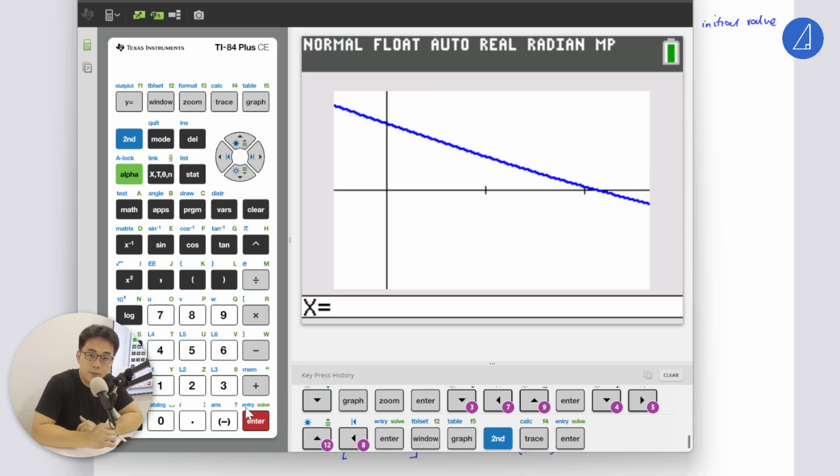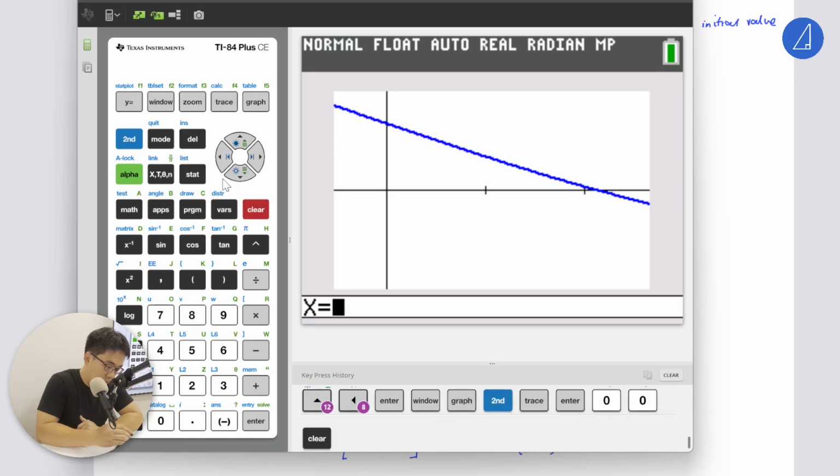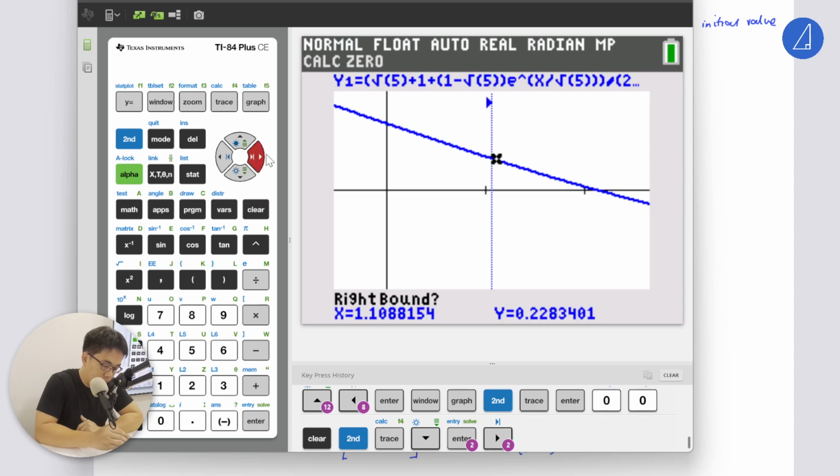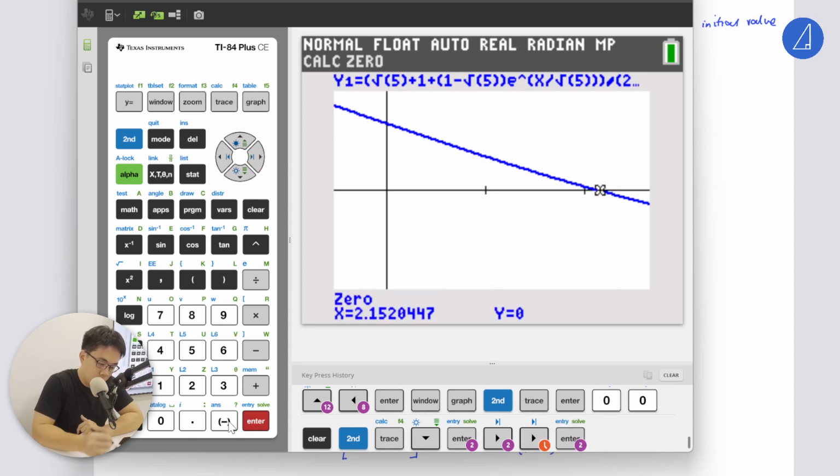Press 0, then calculate 0, enter. Okay, this is 2.152. This is what we found.